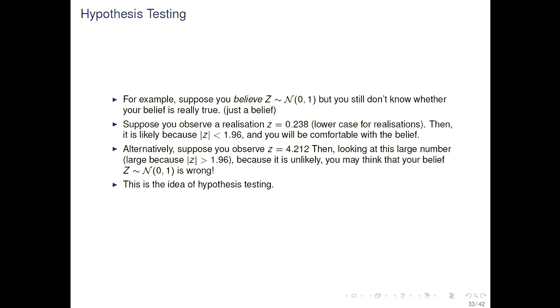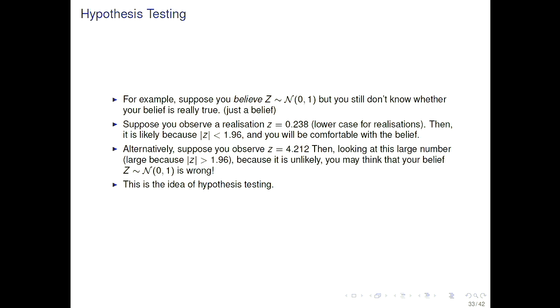Whenever this ratio is greater than 1.96 or smaller than negative 1.96, we reject the null hypothesis because we believe that if the null hypothesis is true, then such a large number or such a small number is unlikely. So we interpret it as strong evidence against the null hypothesis.